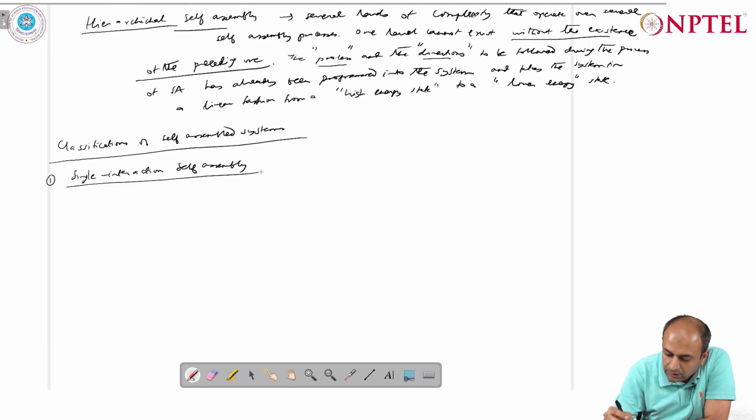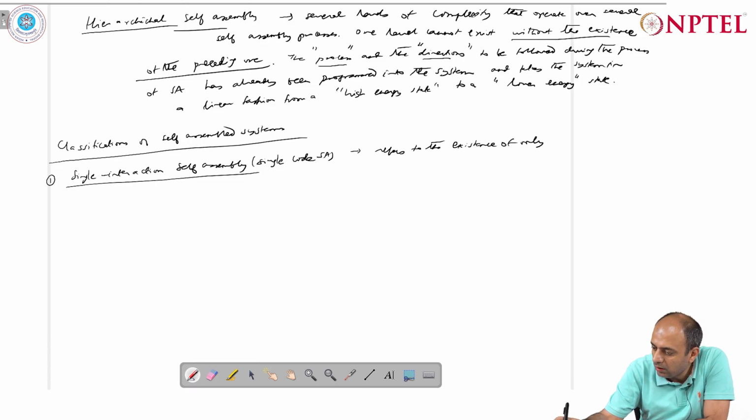In the case of single interaction self-assembly, we also call this the single code self-assembly. It refers to the existence of only one specific interaction.